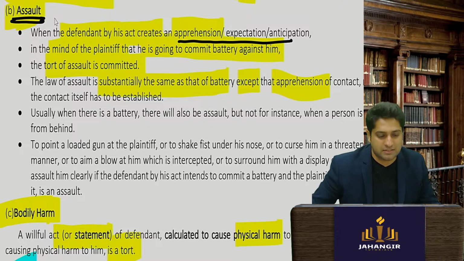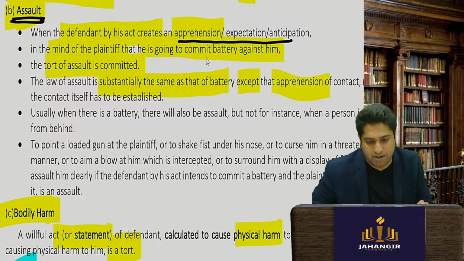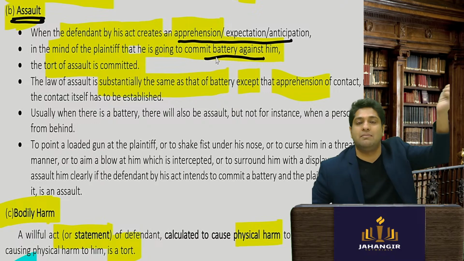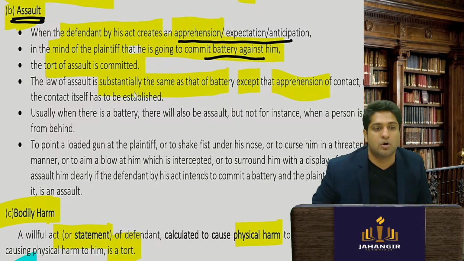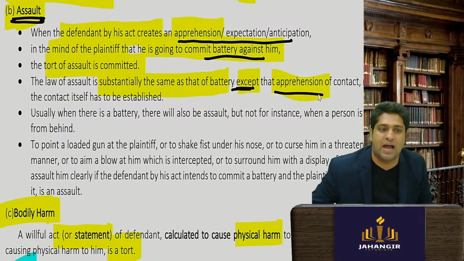So assault is without contact. The defendant creates an apprehension that battery is going to be done by him. Battery means he is going to hit me. It is just the same, except here there is an apprehension that it will be done.